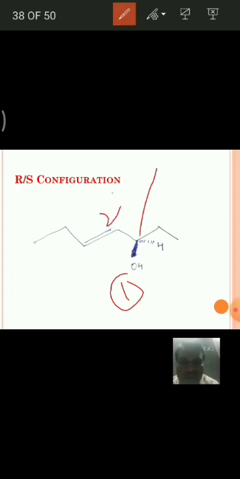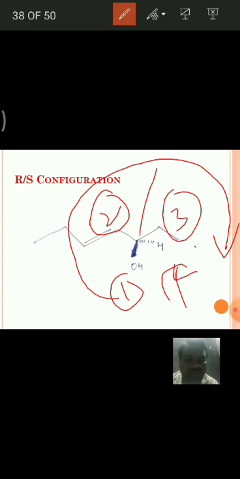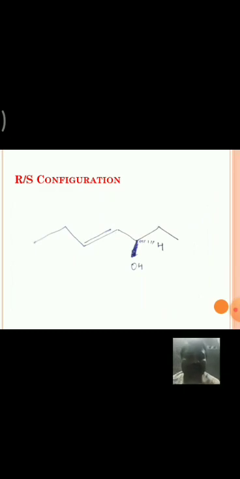Second one, this group. Third one, this group. And fourth one, hydrogen. Again, there is no problem because hydrogen is with hatched wedge. Just connect 1 2 3. It is clockwise, hence R configuration. I think you have cleared.